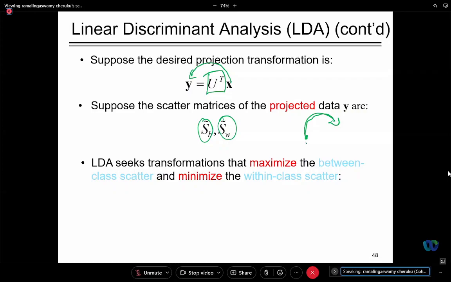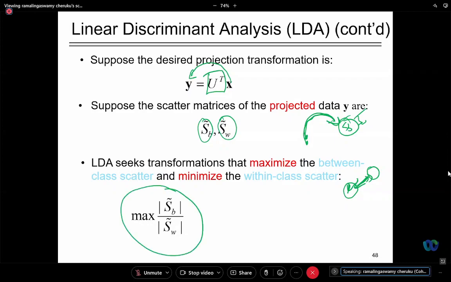So when you are transforming the data from here to here, we want to maximize SB, the between-class scatter. The classes are pushed away from each other, so this distance will be maximized, and the scatterness within the class should be minimized. Overall we should maximize SB tilde by SW tilde.